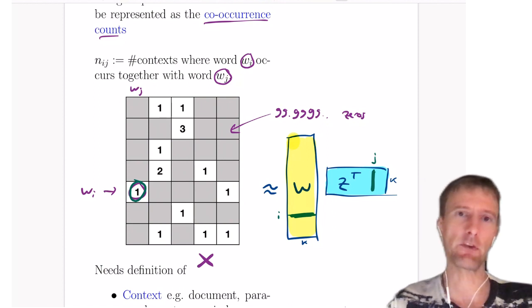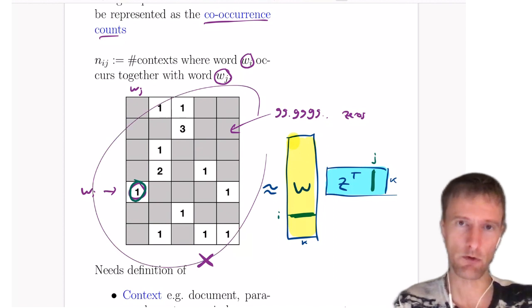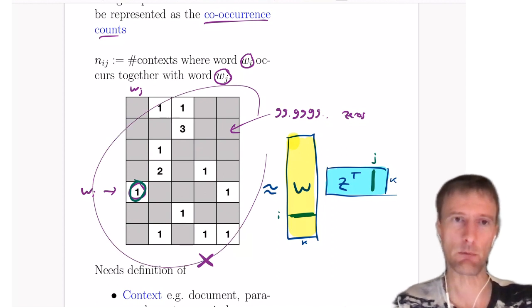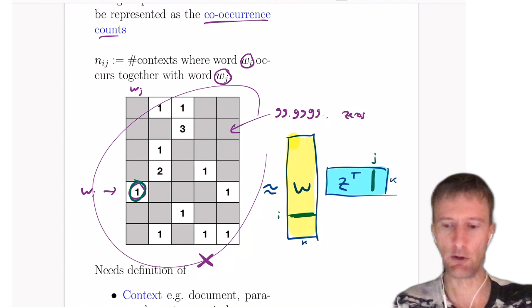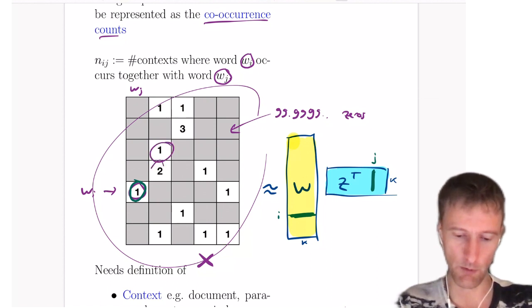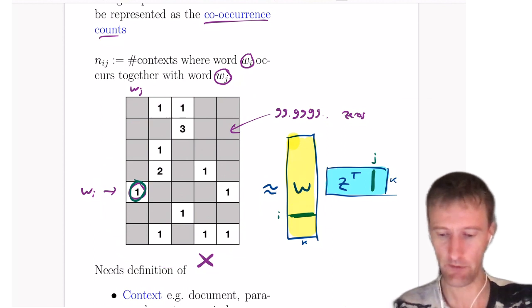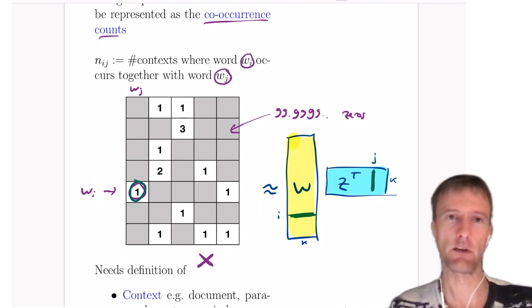And what is also interesting is that ignoring the unobserved entries has actually a huge computational benefit. Because stochastic gradient descent, as we have seen, will only care about the observed entries, and it can learn the W and Z already from that, and very efficiently.